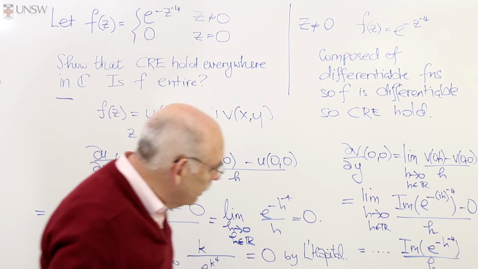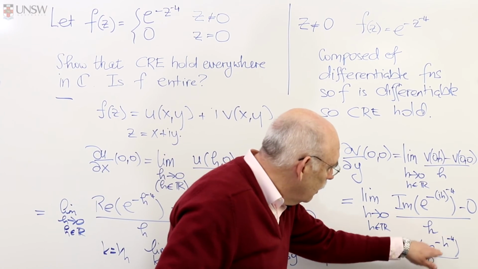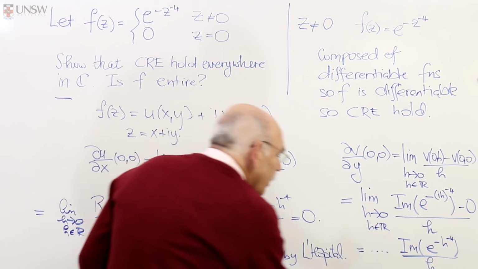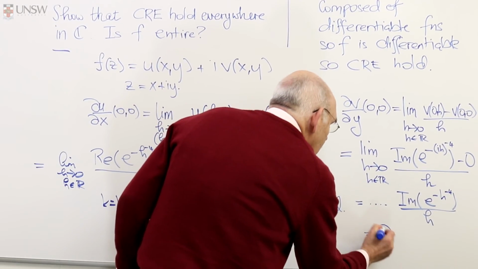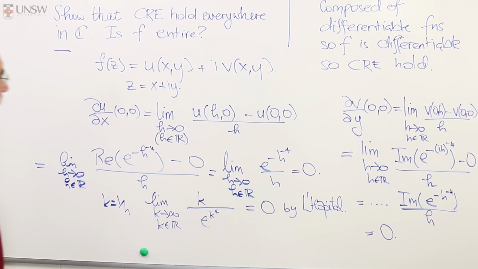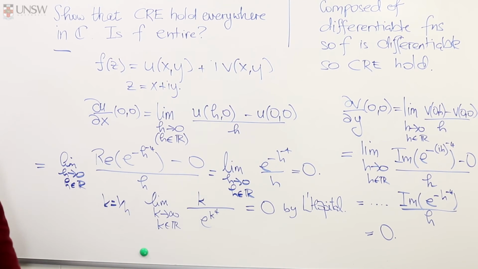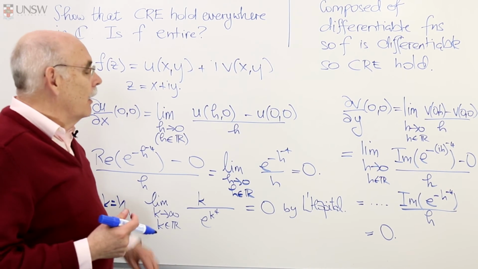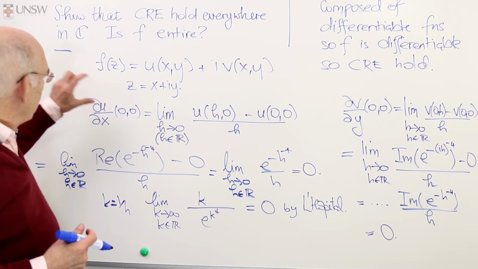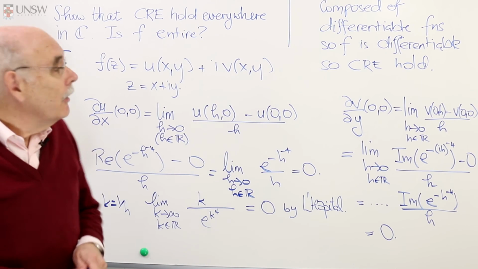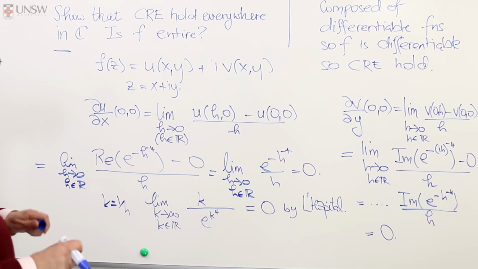H to the minus 4 is real. This is an exponential of something real. It's real. Its imaginary part is 0. So this is just equal to 0. So at this point, we've established that du dx is equal to dv dy. And in much the same way, we can also establish the other of the equations, namely du dy is equal to minus dv dx. They're both equal to 0. So the Cauchy-Riemann equations hold.